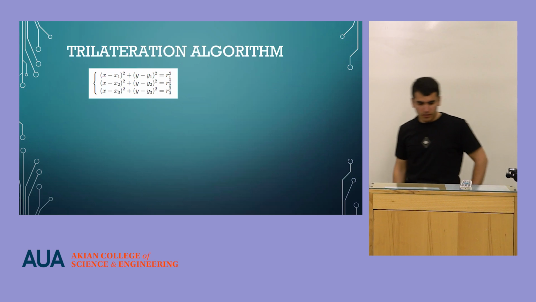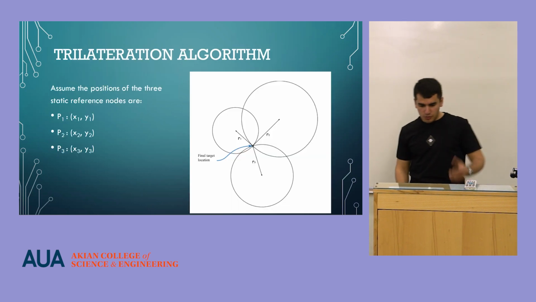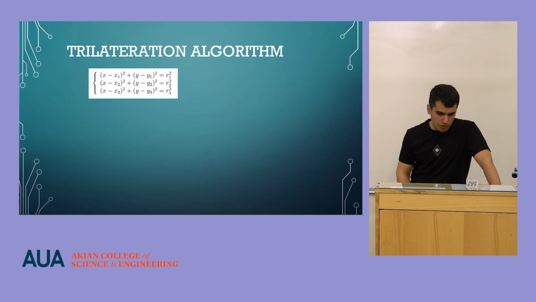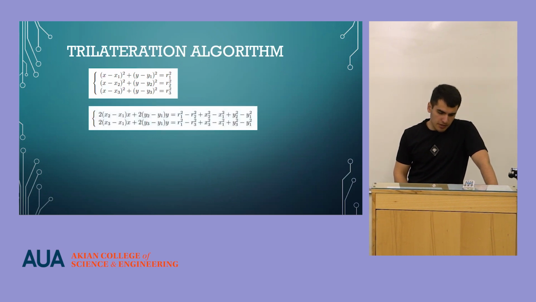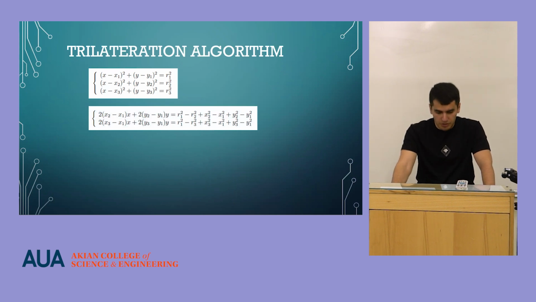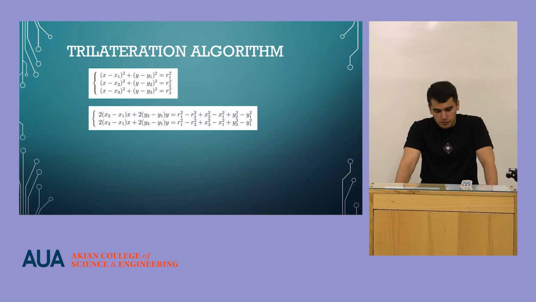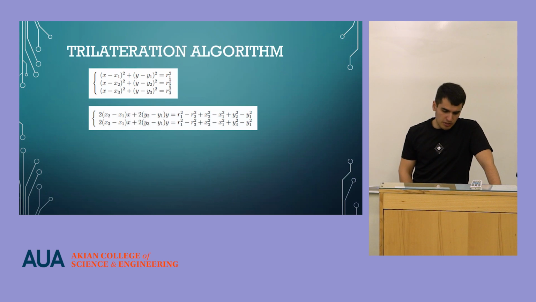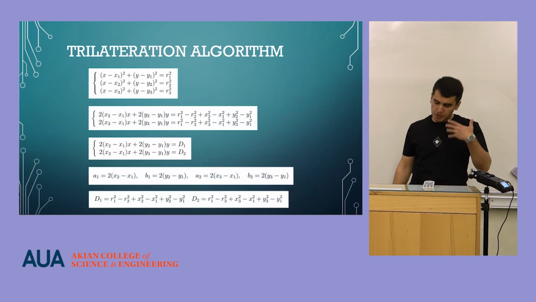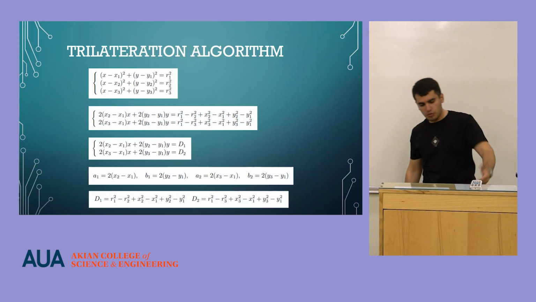So for solving this trilateration problem, we pay attention to this system of equations, and let us simplify it. Let's subtract the first equation from the second and the third, and we get this system of equations. Let's introduce some notation to be visually more comfortable.